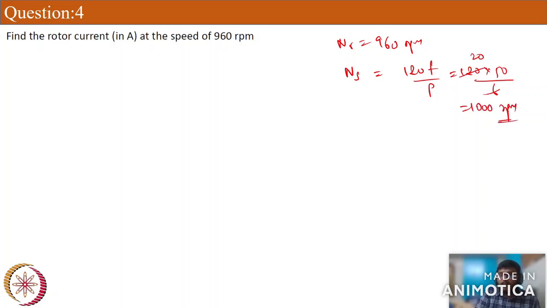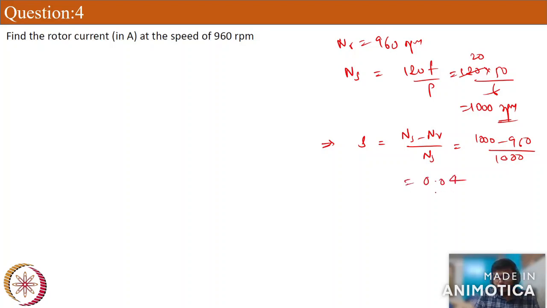Whenever my rotor is rotating with some speed, there comes the concept of slip. Slip is ns minus nr by ns, which is 1000 minus 960 by 1000. So the slip of my machine is 0.04. It has a 4% slip.